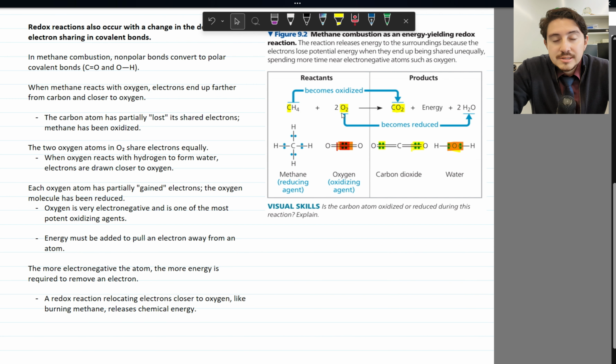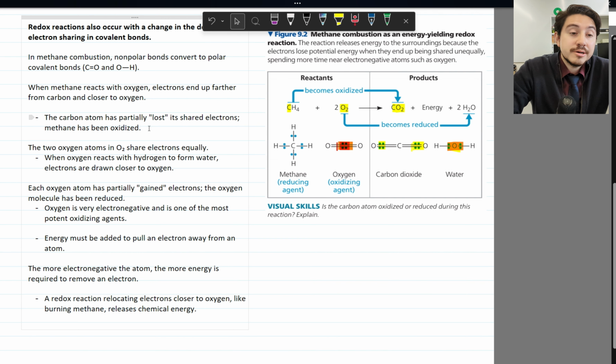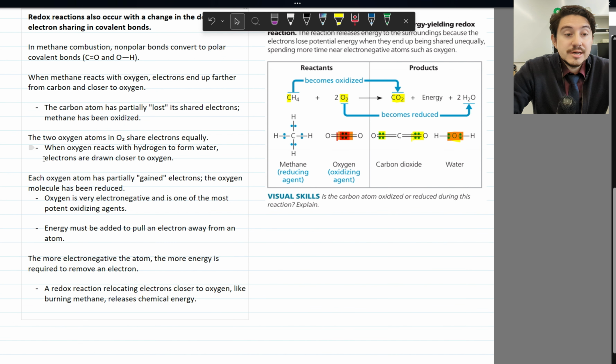Okay, so if we take this example here, you have methane reacts with oxygen to produce carbon dioxide plus energy plus water. So in the product of methane, ultimately yielding carbon dioxide, you will have this unequal distribution. So the electrons will be closer to the oxygen. Okay? So this is what it's referring to here. The carbon atom has partially lost its shared electrons as methane has been oxidized.